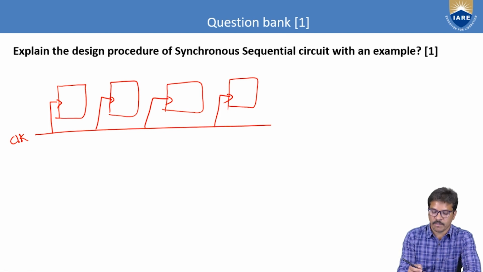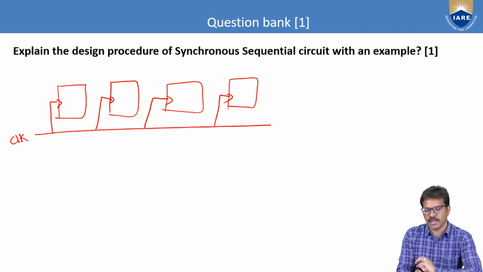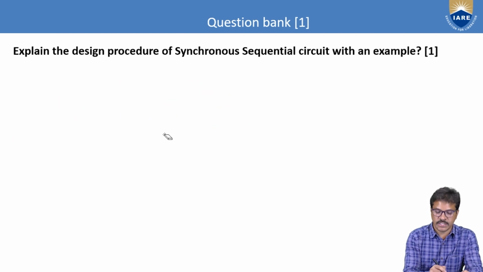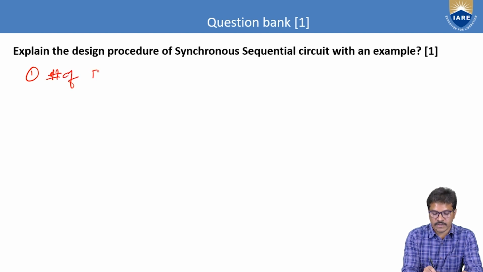Based on the requirements, we can get the steps. Then we can design the synchronous sequential circuit. The design steps: first you have to see how many flip-flops are required.